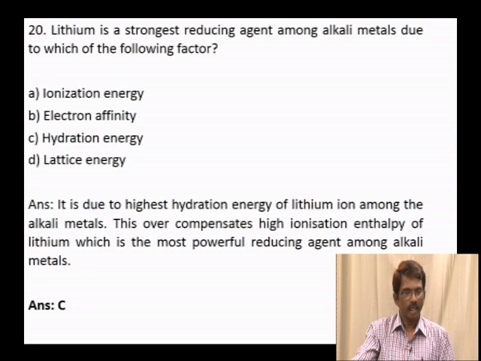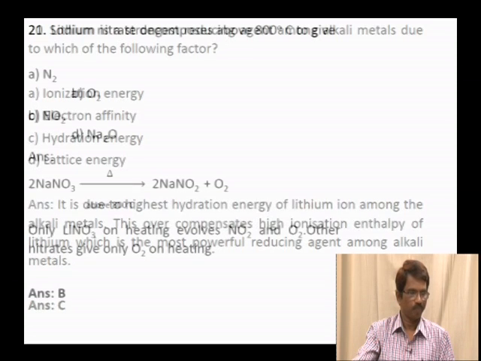Though it has the highest ionization enthalpy, its highest hydration energy overcompensates for it, so lithium undergoes oxidation easily and can act as a powerful reducing agent. That is one of the anomalous properties of lithium, and therefore the correct answer is option C.